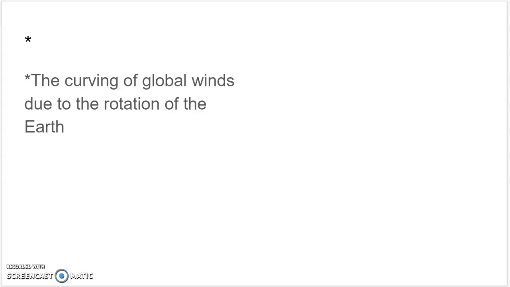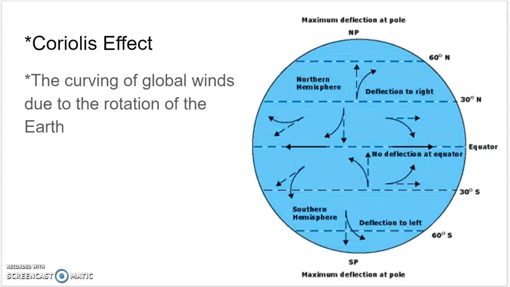Now, these are the three words we didn't cover before the break. What do we call the curving of global winds that occurs due to the rotation of the Earth? We call that the Coriolis effect. Coriolis is some French guy's name, I think. So essentially, it's always colder, always higher pressure at the poles, always lower pressure near the equator. So you would expect the air to flow directly from the poles to the equator.